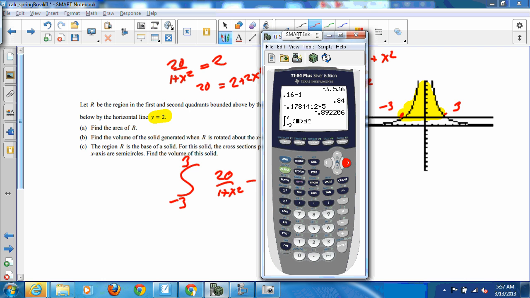And we have what? Let's see if I can put the bars in there. y1, and that's with respect to x, and do the same thing for the second curve, number 9, negative 3 to 3.